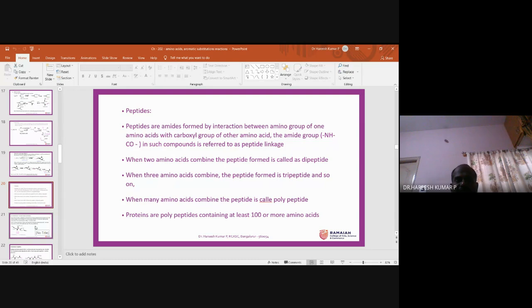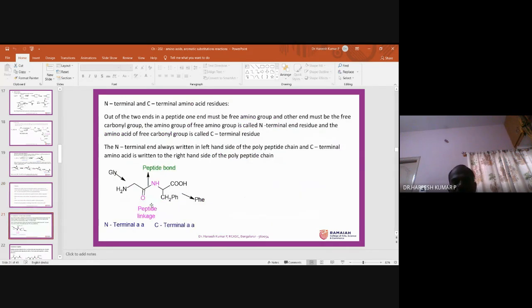Here I am taking an example, okay? The peptide bond, more particularly nomenclature, I will discuss in the next slide. So look here. This is NH2, CH2, COOH, which is the glycine part.